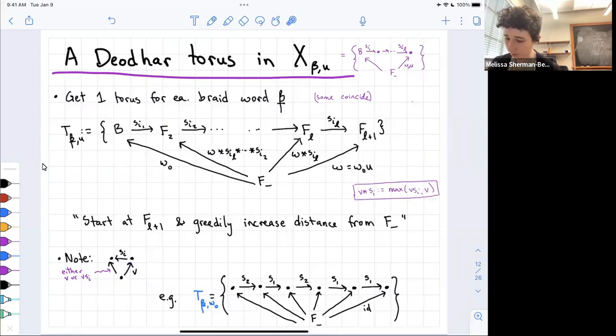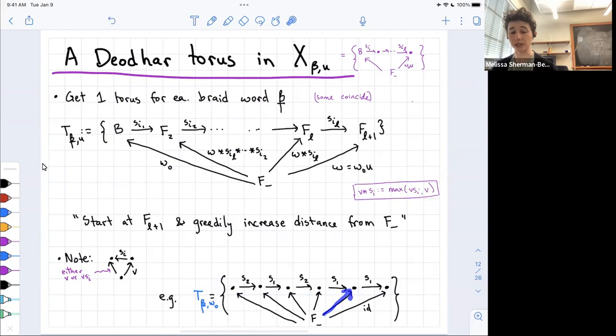Just to do a quick example in type A, say this is my walk, and my constraint is that my last flag actually is f minus. If I'm going to be in the torus, when I take this step back, I need to greedily increase my distance from the anti-standard flag. So my options for this arrow, the label here, is either the identity or s_i.